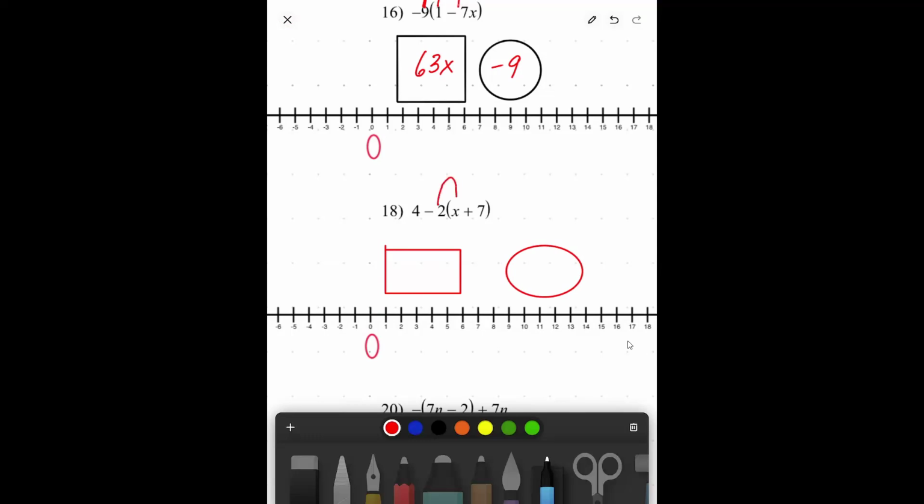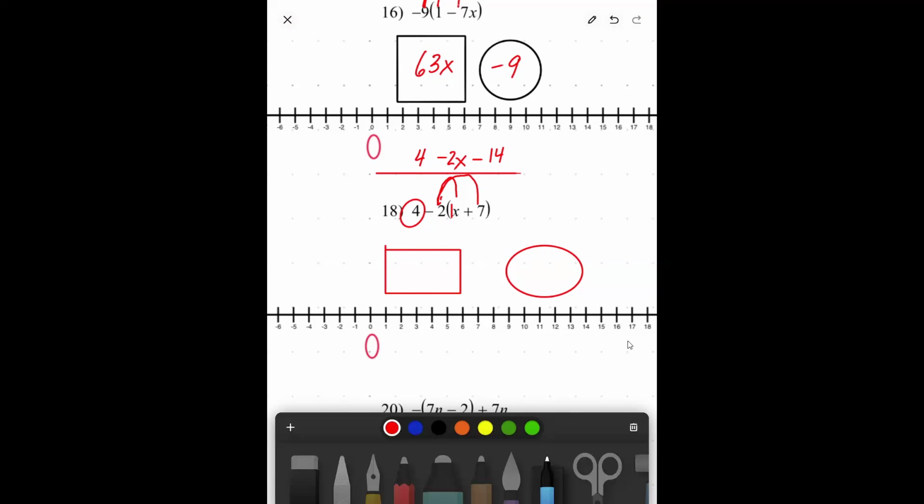So a negative 2 times 1x is a negative 2x. And then a negative 2 times a positive 7 is a negative 14. I also have this 4, so I'm going to put this 4 up there. Now I have the expression without the parentheses, so now I can do boxes and circles.